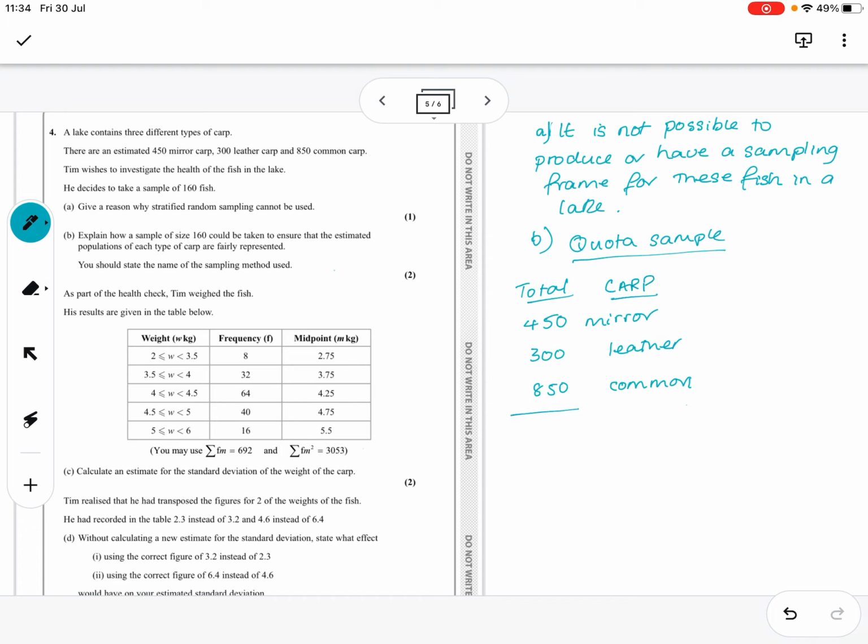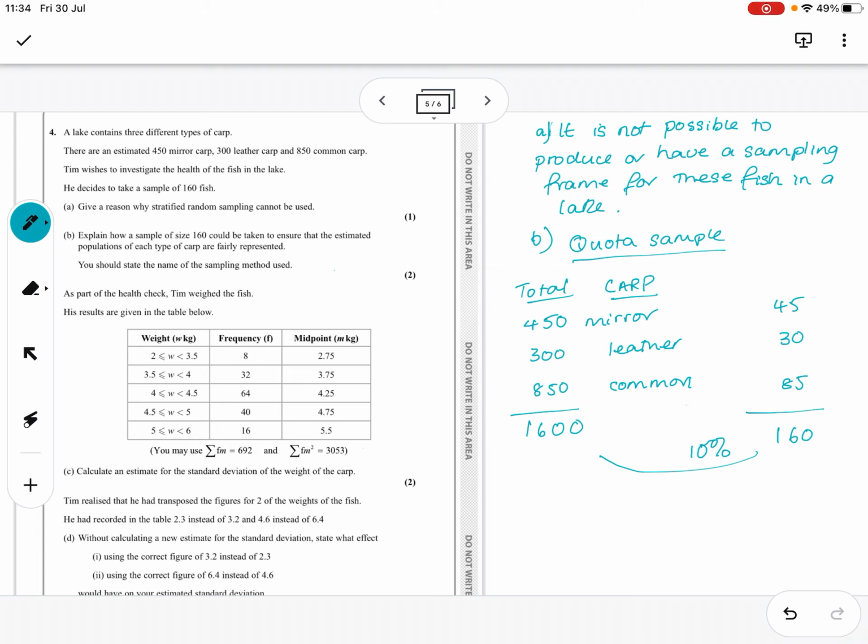That adds up to 450 plus 300 plus 850, 1,600, and they wanted 160, so you can see that is just 10%, so this is going to be 45, 30 and 85 of each, and it's a quota sample.